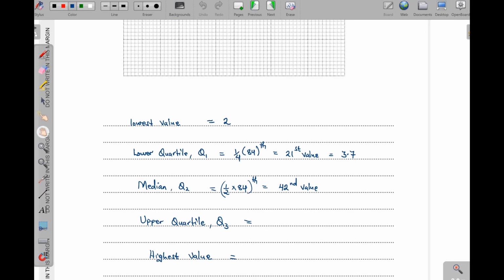So we shall come here and then we put our 4.8. Then the upper quartile is 3/4 of the 84. So this is 21, then times 3. 21 times 3, isn't that 63? So we have the 63rd value.